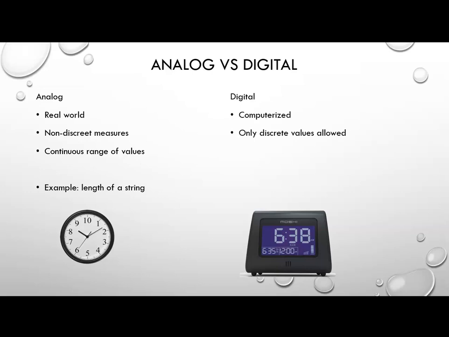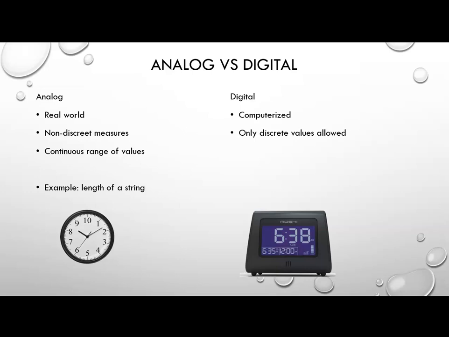When we talk about analog, what we're doing is comparing the real world to a computerized digital world. In analog systems, there are no discrete measures of things. Things are always on a range of values. So instead of saying that something would be the fourth level of gray, we'd say it is a high level of gray or a very bright pixel.